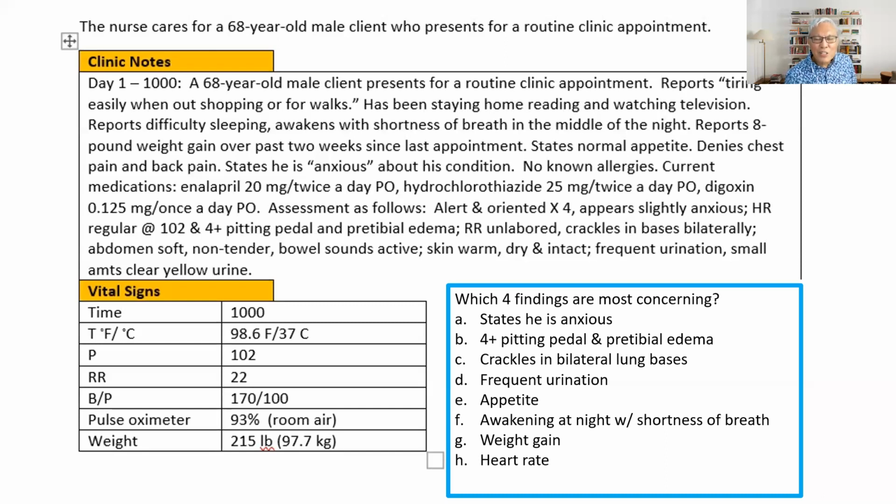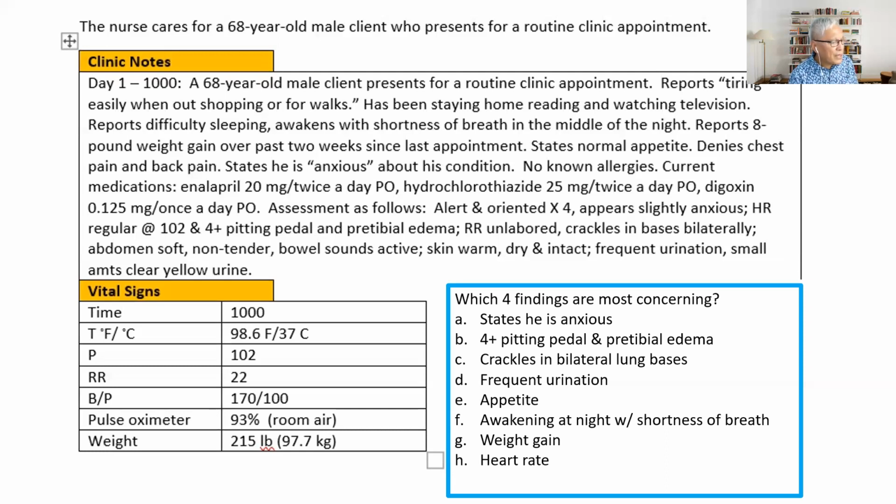Yes, because of the edema, the fluid is trapped. Good. The trapped fluid is going back into the vascular space, and that's why he has to go to the bathroom often. Okay. So the temperature is 98.6, pulse 102, respirations 22, blood pressure 170 over 100, 93% on room air, and the weight is 215 pounds.